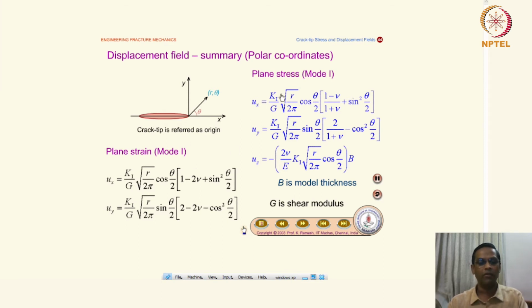Similarly, if you say that r is equal to 0 here, the total u becomes 0, because the crack means it's a free surface, that is y is equal to 0. So that is also valid here. We can re-verify that thought process by putting r equal to 0, then the whole displacement becomes 0. So that is one important point to keep in mind.